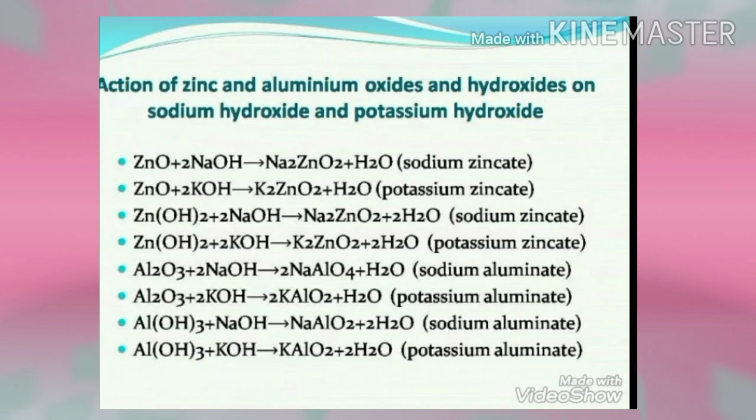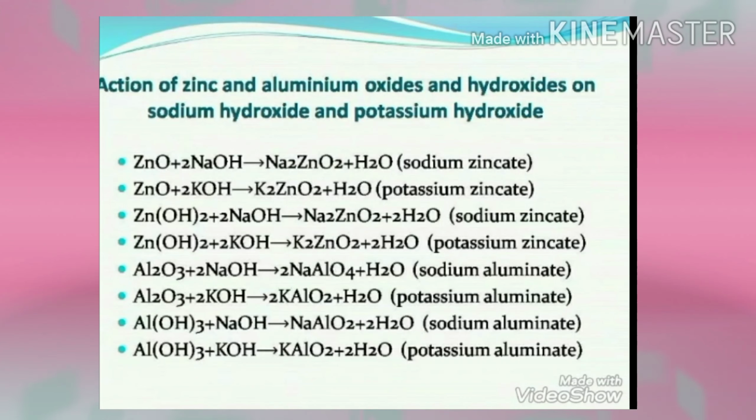Sodium zincate, Na2ZnO2, a colorless salt, plus water. And when another alkali, potassium hydroxide, reacts with zinc oxide, it also produces salt and water, that is potassium zincate, K2ZnO2, plus water.